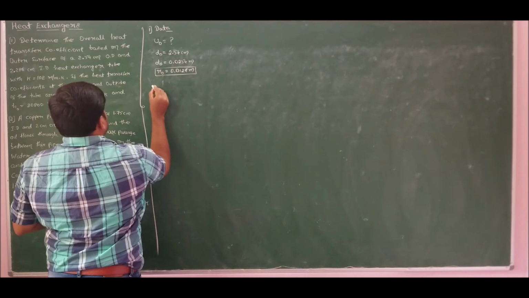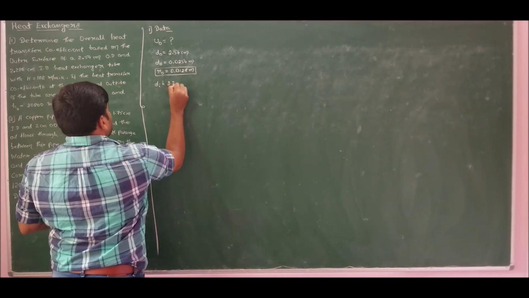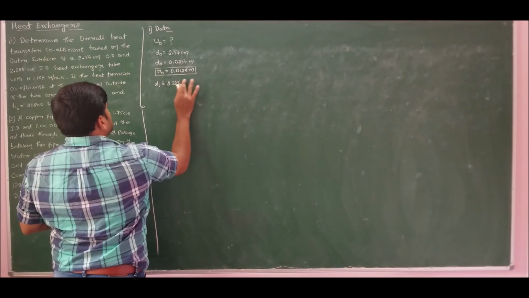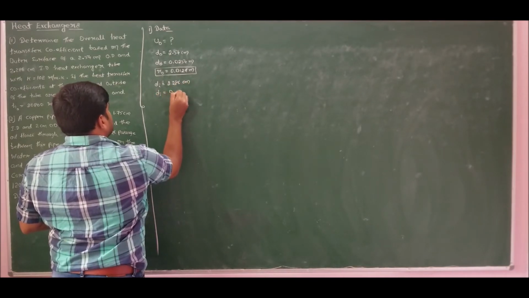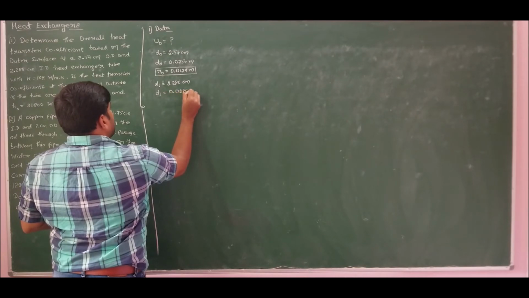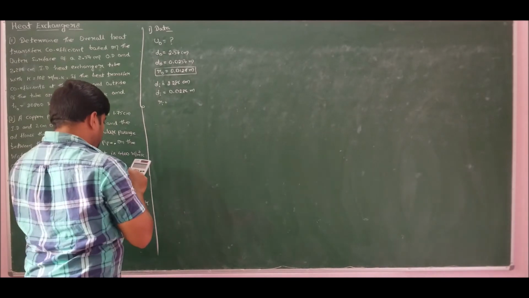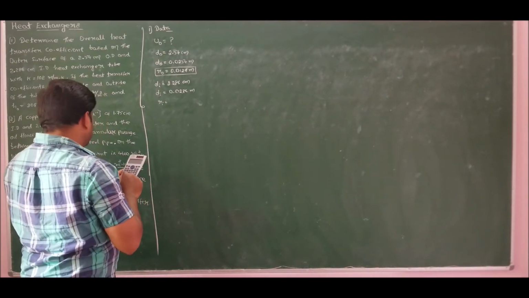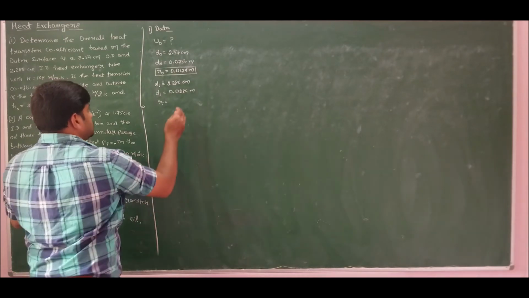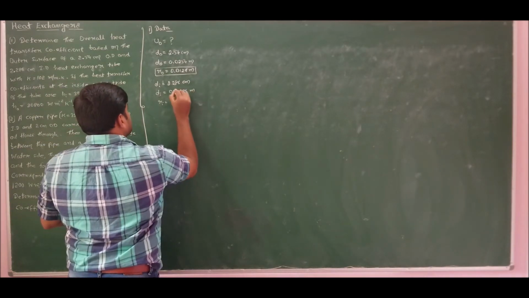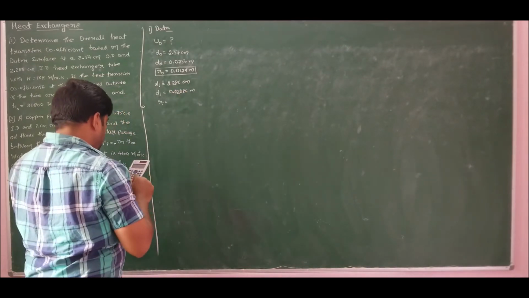And he has given the inside diameter Di, which is 2.286 centimeters. Therefore, in terms of meters, it is 0.02286 meters. Hence, the radius will be 0.02286 divided by 2.